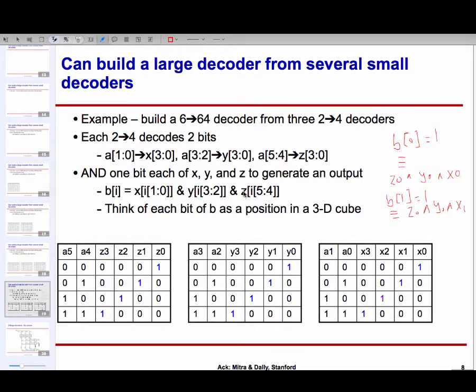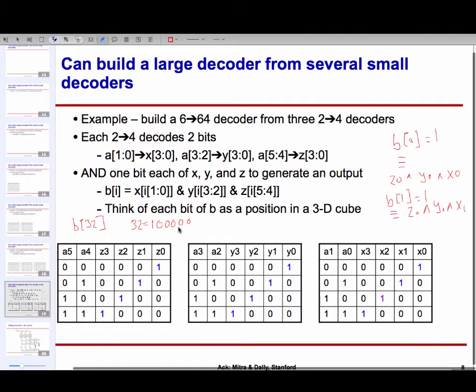Let's try another number. Let's look at B of 32. 32 in binary is 1 0 0 0 0 0.